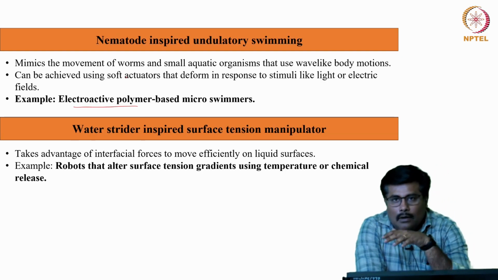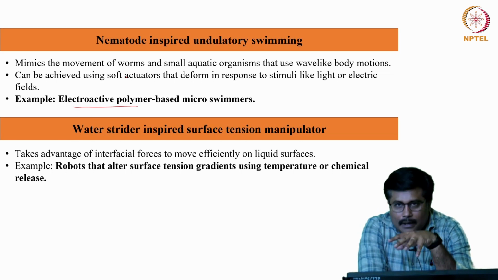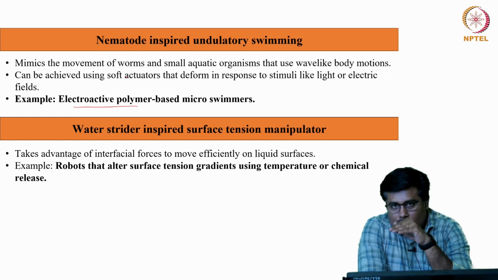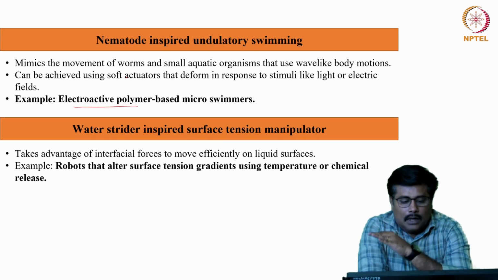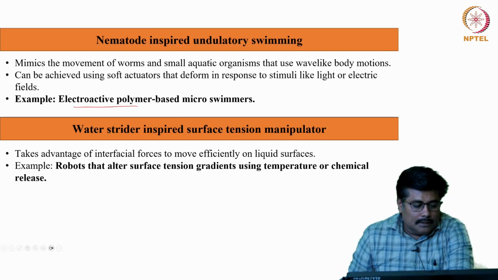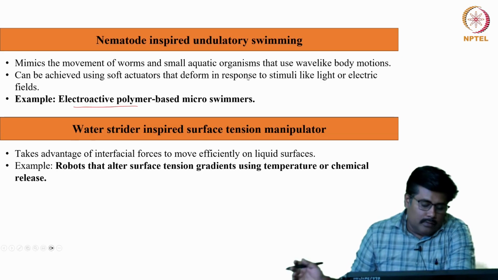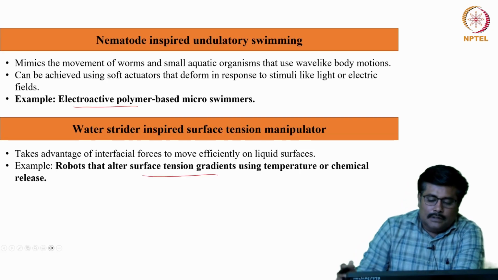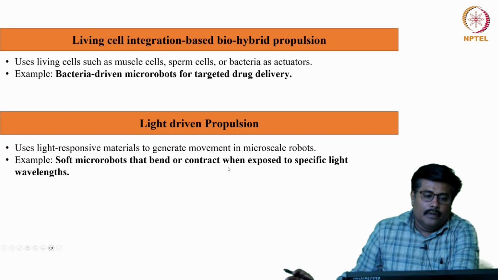Whereas a water strider sticks on to the water and floats on it, so we can see the forces being generated, and this robot alters the surface tension gradient, using temperature or chemical release. Ideally, these are effectively actuated based on the surface tension gradient as well as the temperature.